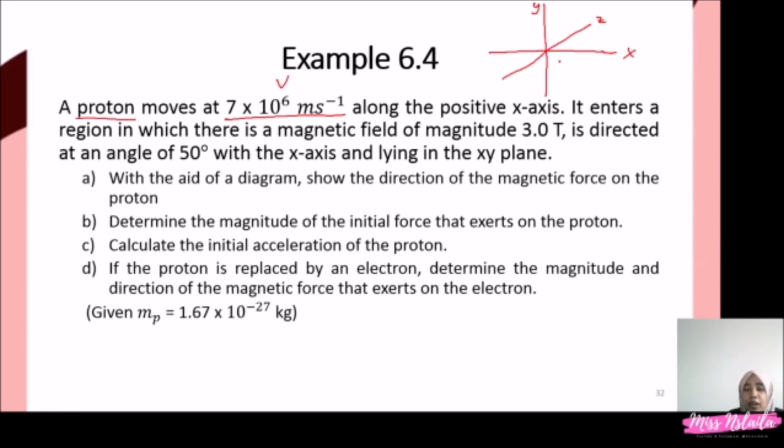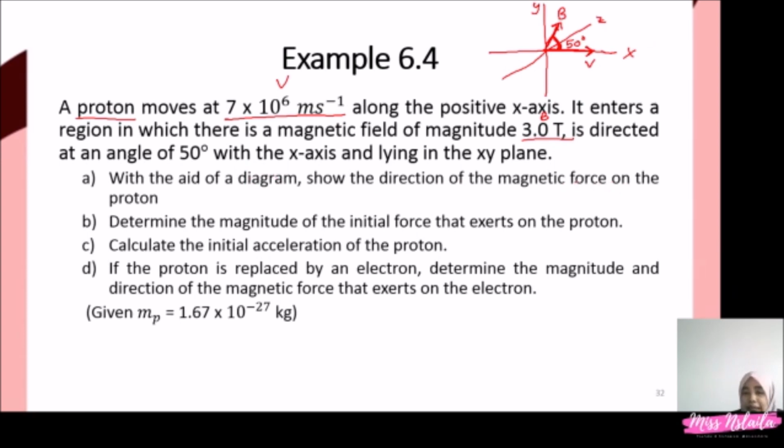So proton moves along the positive x-axis, bermaksud this is the direction of V. It enters a region where there is a magnetic field with magnitude of 3 Tesla directed at an angle 50 degrees with the x-axis and lying in the XY plane. Bermaksud dekat kawasan XY plane ni, the angle of B is 50 degrees with x-axis. Ini adalah B. So with the aid of diagram, show the direction of magnetic force on the proton.